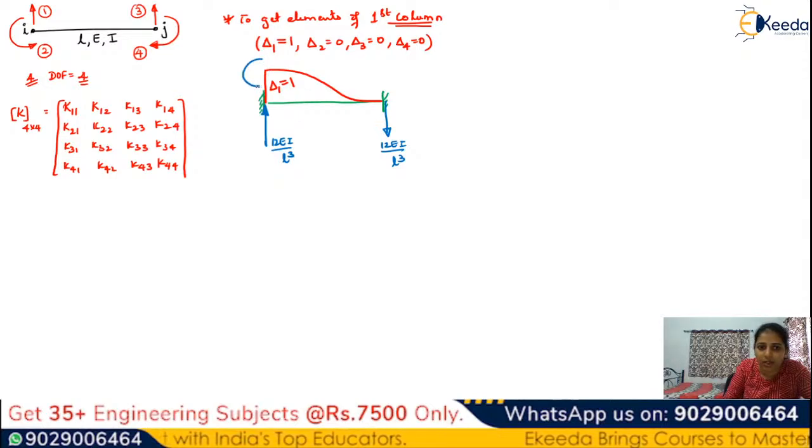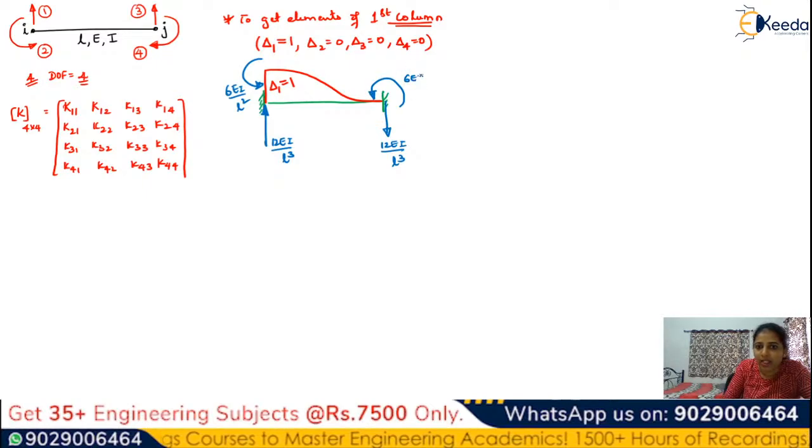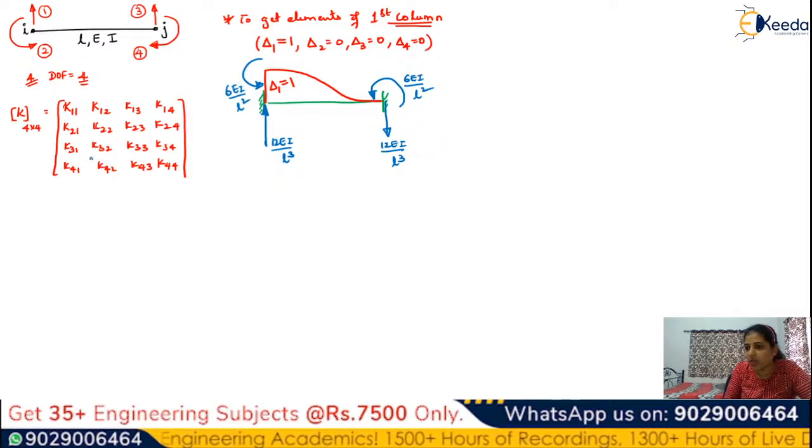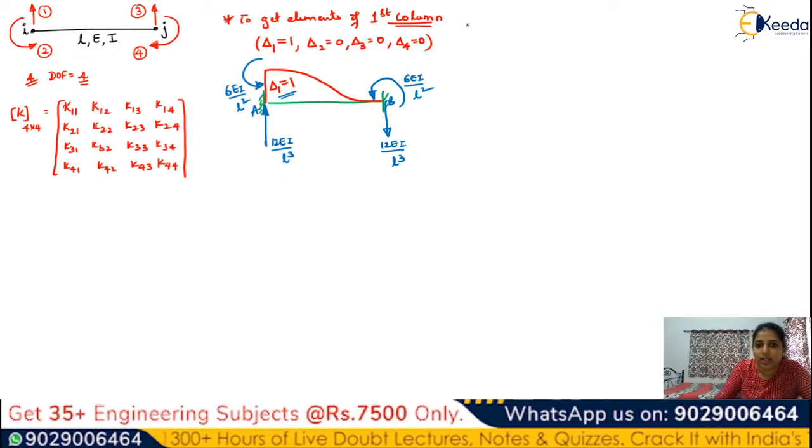Here we have to lift the beam up, so this will be the direction, 6EI by L square. Now here we have to get the beam down, so the direction will be this. You have to be very careful with the directions, or else the signs in the stiffness matrix will go wrong, right? Because of this unit displacement delta 1 equal to 1, the reaction forces developed at points A and B are as follows.